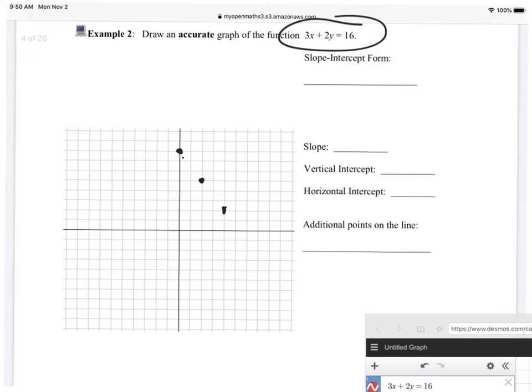Now, we could write the equation of the line from the graph. We can write our equation in slope-intercept form if we can figure out our slope and our y-intercept. Well, our y-intercept is easy. I can count that: 1, 2, 3, 4, 5, 6, 7, 8. So I know the b part of my y equals mx plus b is positive 8. Now I have to figure out the m. The m is your slope.